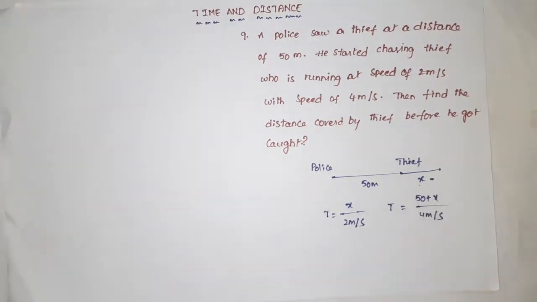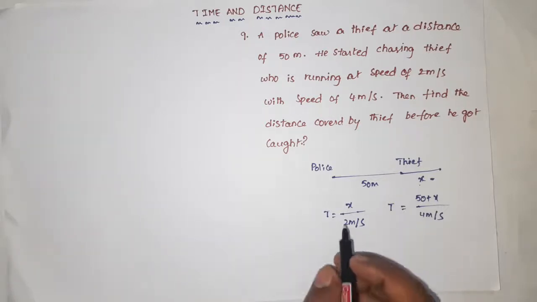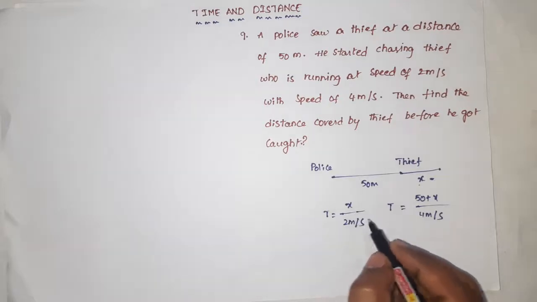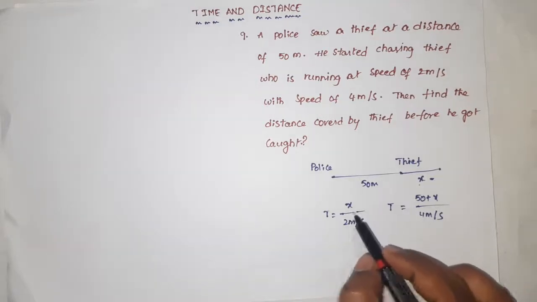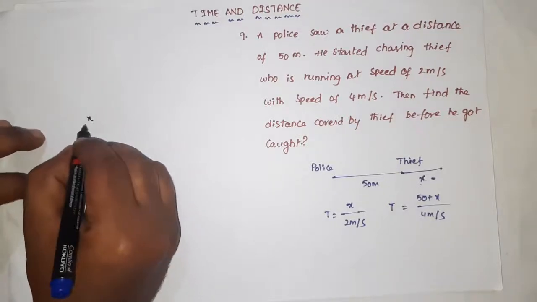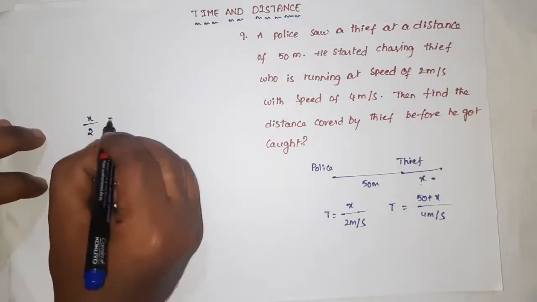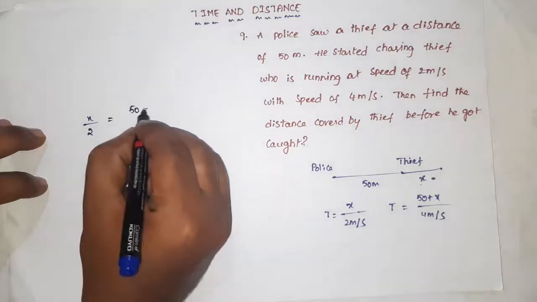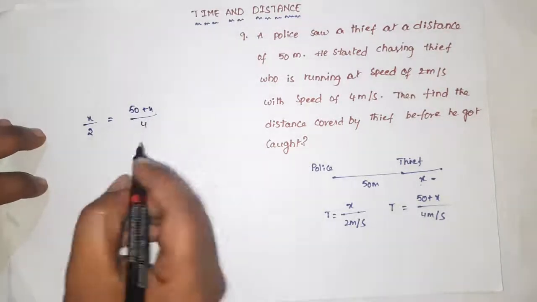So these are two different cases, one for the thief and one for the police. According to the question, the entire thing happened in the same interval of time. So we can easily get the unknown value x by equating these two. So let us equate those two. x by 2 equals 50 plus x by 4.